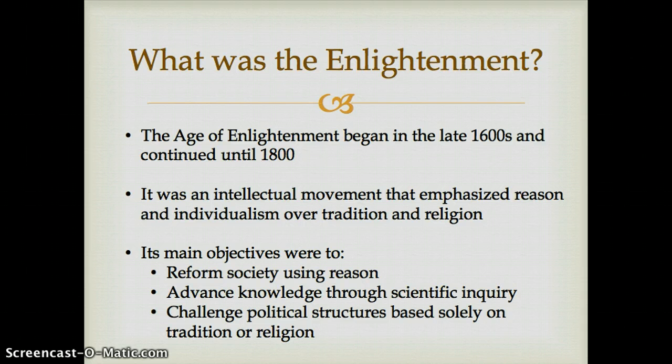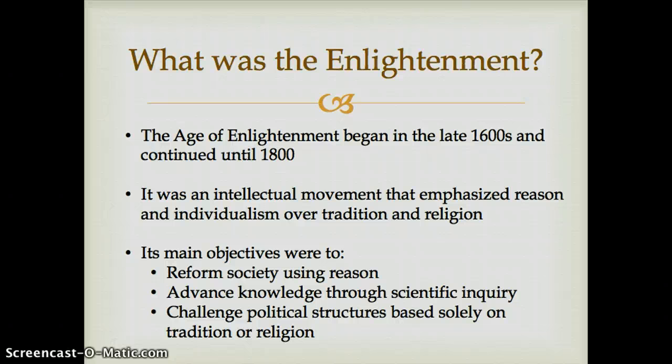So Enlightenment philosophers thought that people could use reason to come up with solutions for society's problems rather than just relying on tradition, so just doing whatever has always been done, or relying on religion. They thought that people could use reason to come up with logical solutions to things.